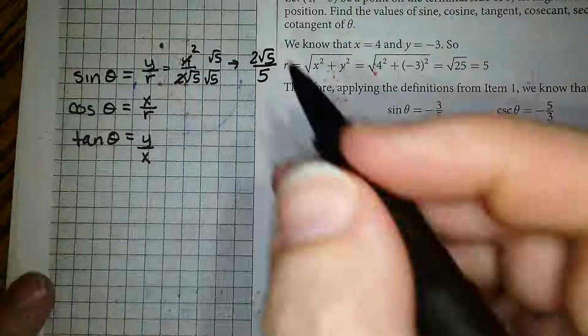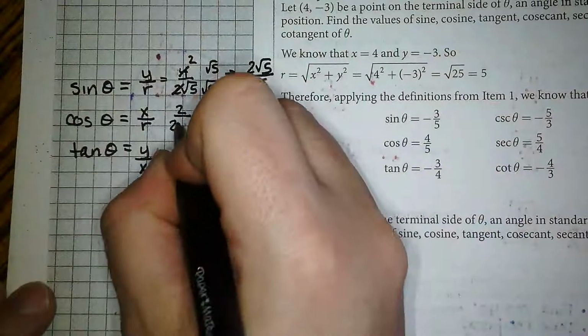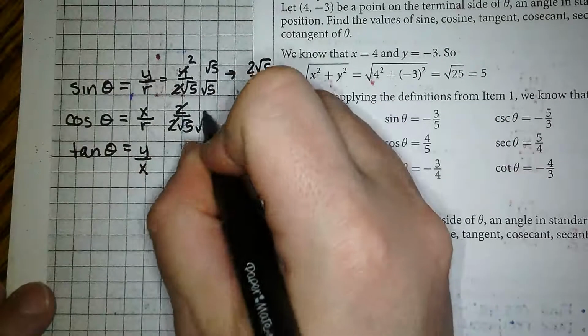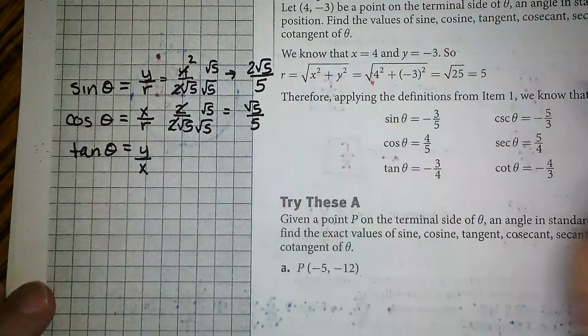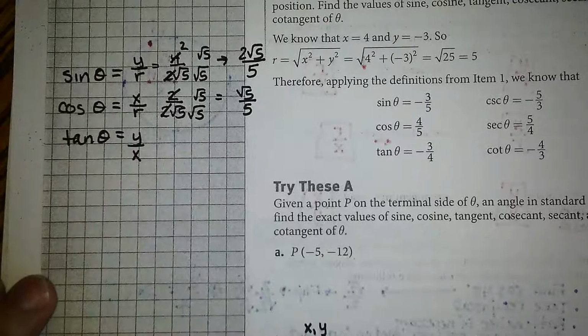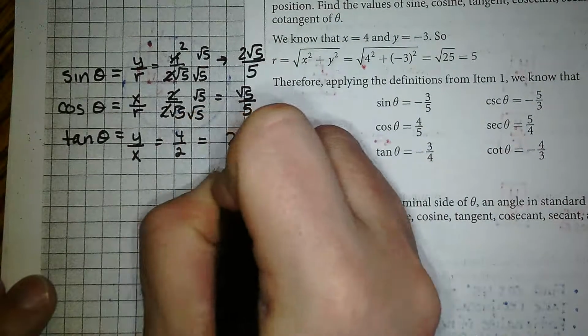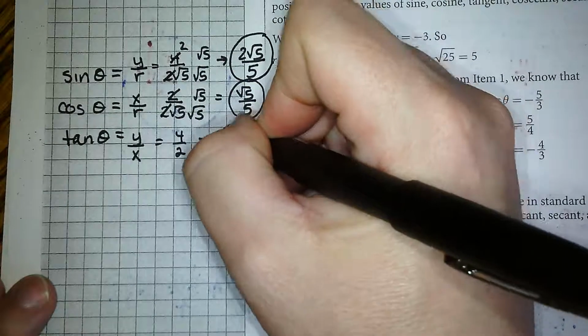Our x value is 2, and my r value is 2 radical 5. I'm going to reduce those first and then rationalize. So I end up with radical 5 over 5. For tangent, y over x is just 4 over 2, which is 2. So here are my sine, cosine, and tangent.